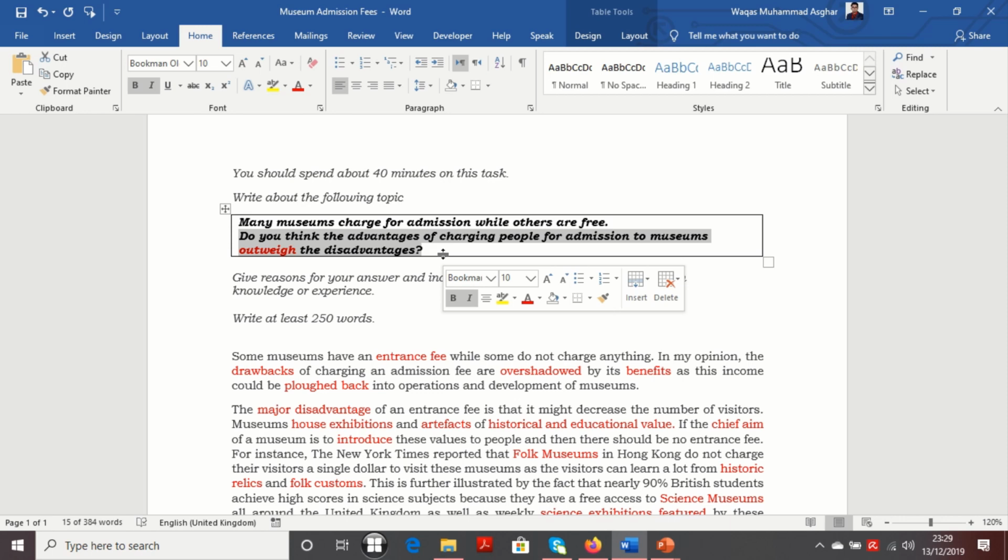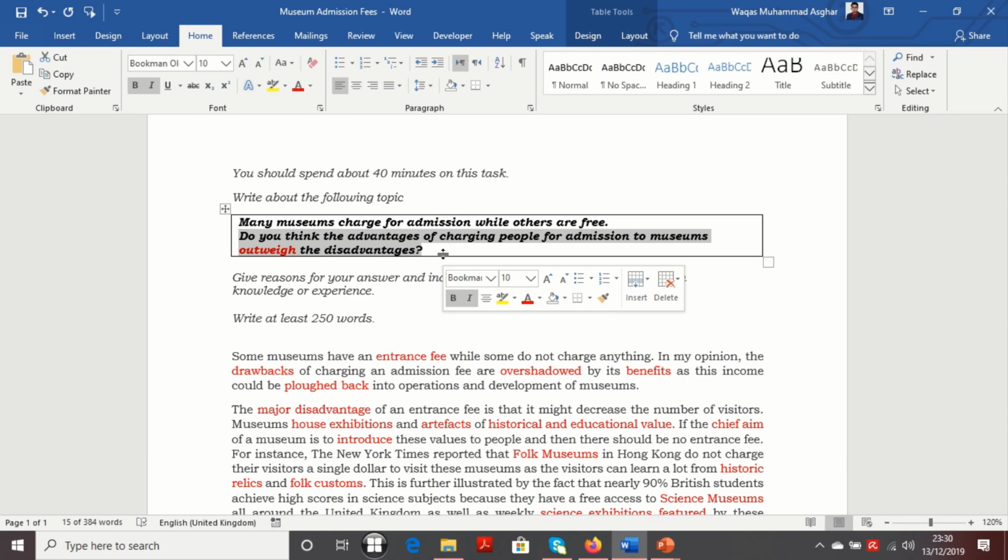But if someone asks whether having a laptop has more advantages than disadvantages, then the examiner is asking for your opinion. In that case we will give our opinion, and then we will provide one major advantage and one major drawback.